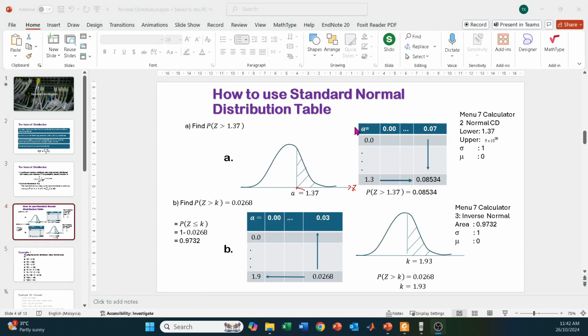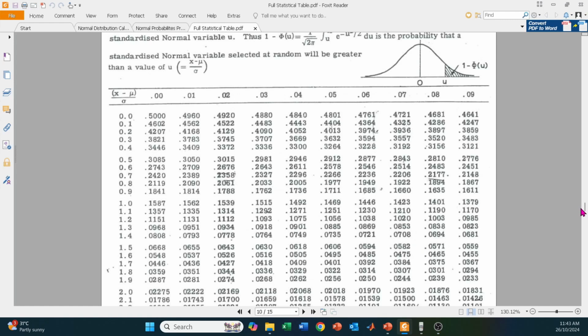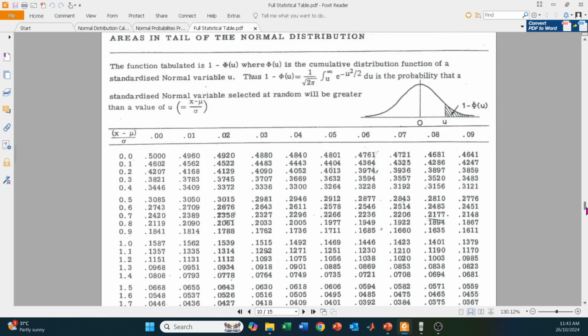In your normal distribution table, this is the alpha, and we want to find the probability of Z greater than 1.37. So alpha is equal to 1.37, and the Z is here. Look at this normal distribution table: 1.3 and then look up 7, 1.37.